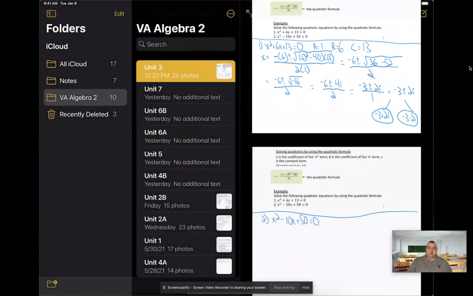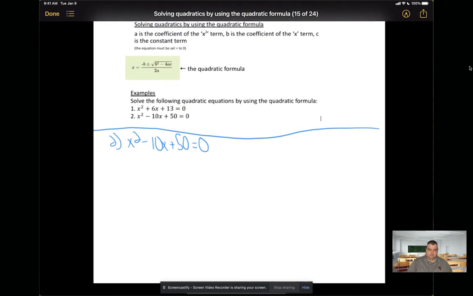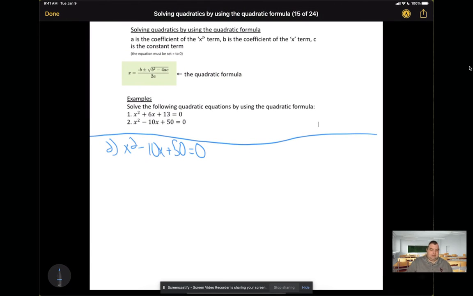Number 2, same thing. So we have x squared minus 10x plus 50 equals 0. To identify my a, b, and c values, a is the coefficient of the x squared term, so that's going to be 1. B is the coefficient of the x term, that's going to be negative 10. And c is the constant term, that's going to be 50.